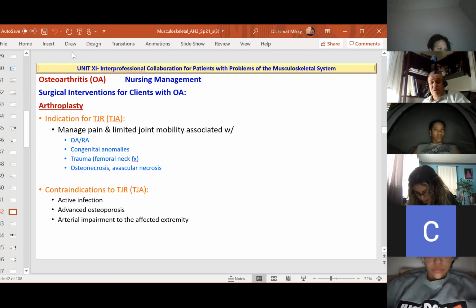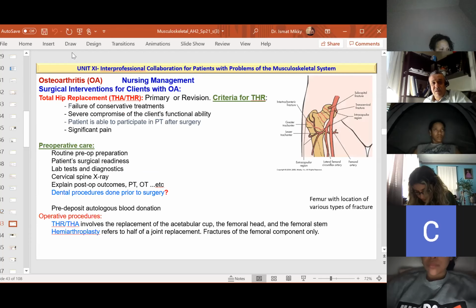So patients with heart, lung, liver, metabolic disorders, all of these should be stabilized before surgery. Or if there is any disease affecting these organs, it is supposed to be stabilized before surgery.